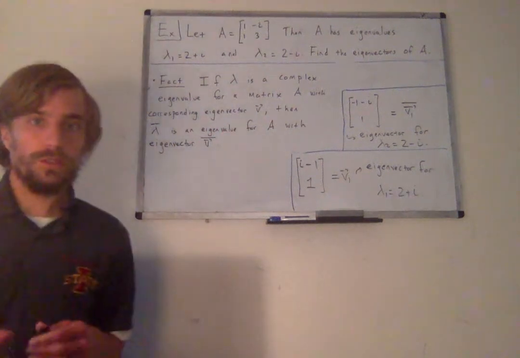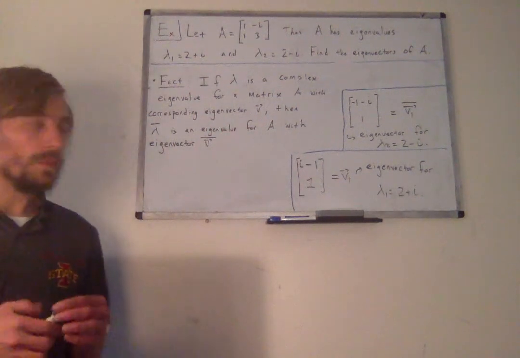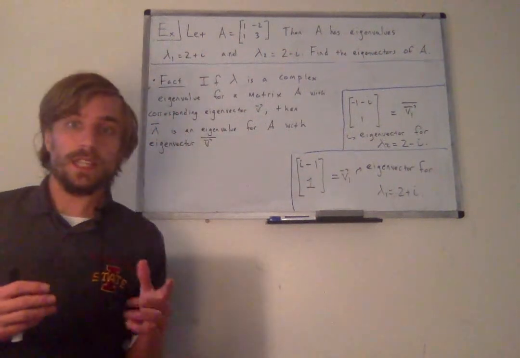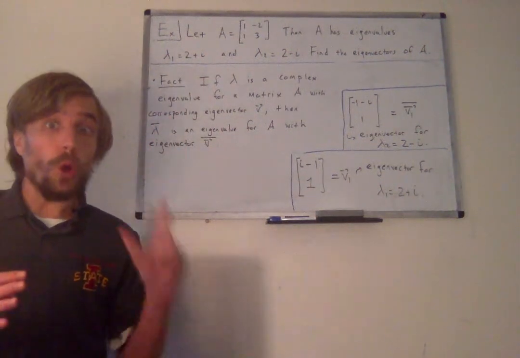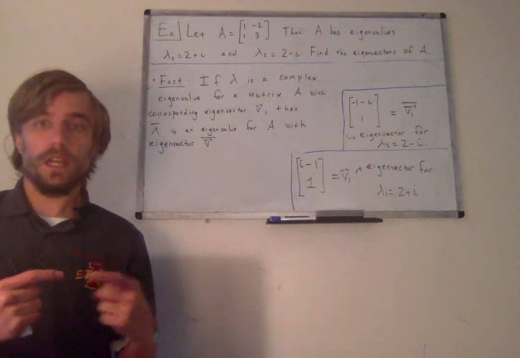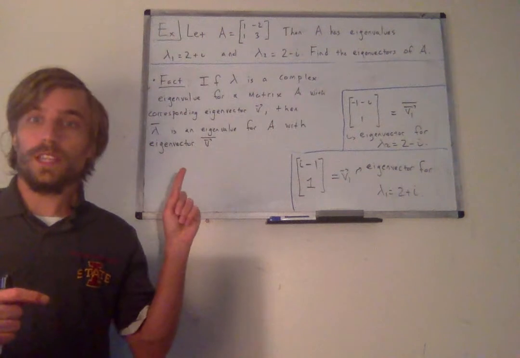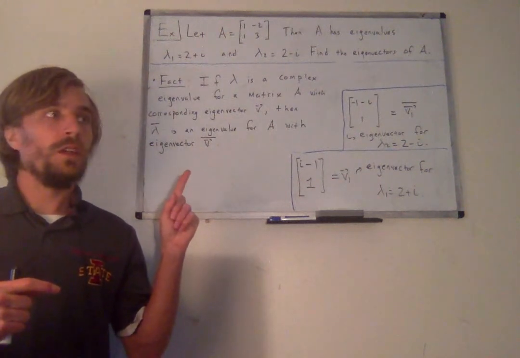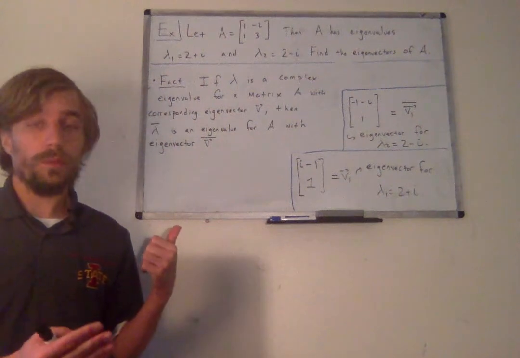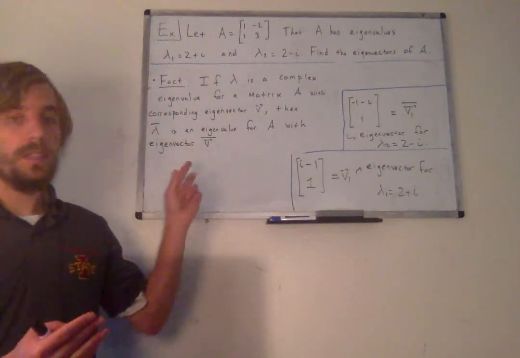So what this shows, two things. Well, one big thing, that if I've got a complex eigenvalue, its conjugate is always an eigenvalue as well. So complex eigenvalues always come in conjugate pairs, which means that for these 2x2 matrices, we're never going to have a matrix with one complex eigenvalue and one non-complex eigenvalue because of this fact.